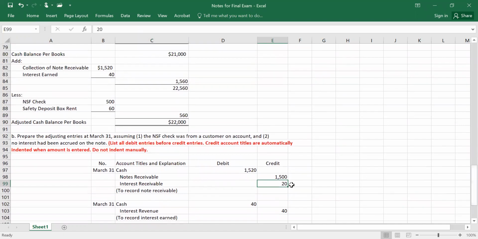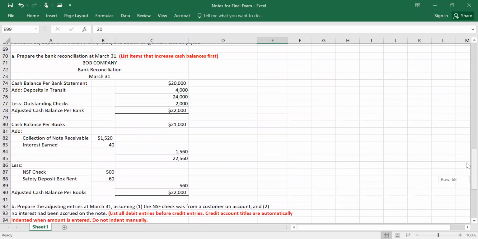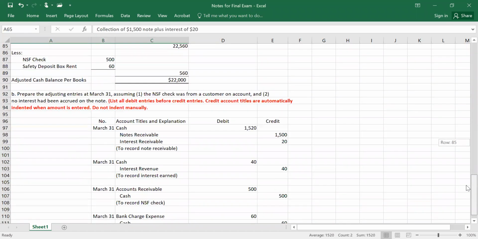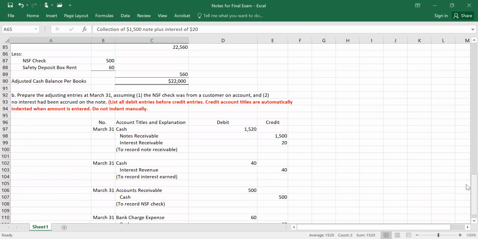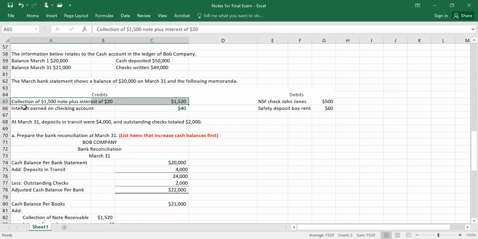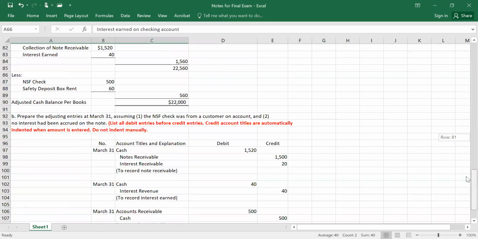So the total cash collected was 1,520, which we're going to debit. We credit notes receivable and interest receivable for the $1,500 and the $20. And that, of course, was right up here. Next, we're going to debit cash and credit interest revenue for $40. That's right here. That's that interest earned on the checking account for 40.